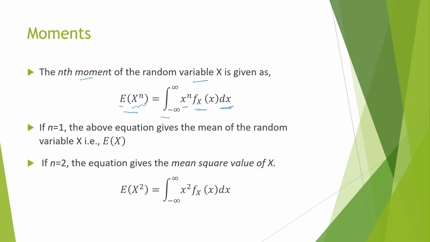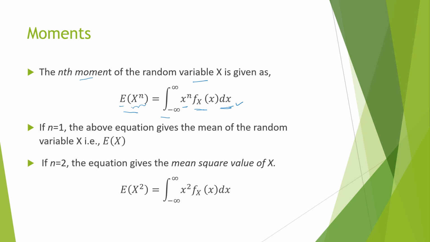So the same definition we are extending for moments also. Moment equations are a generalization of the expected value to other powers of the random variable. So this general equation E[X^n] is given as integral of x^n fX(x) dx.